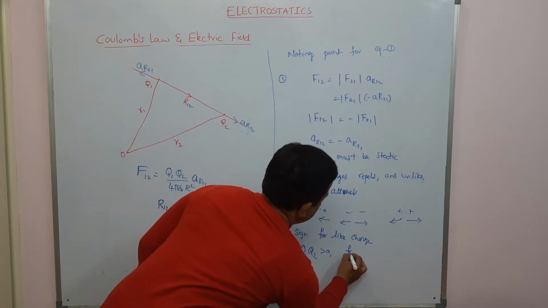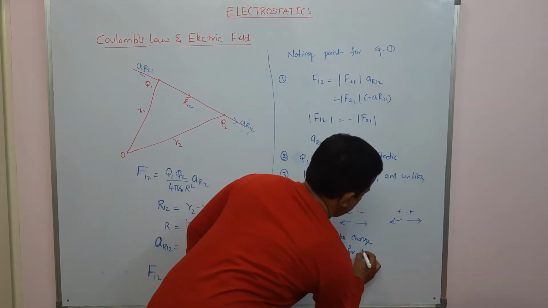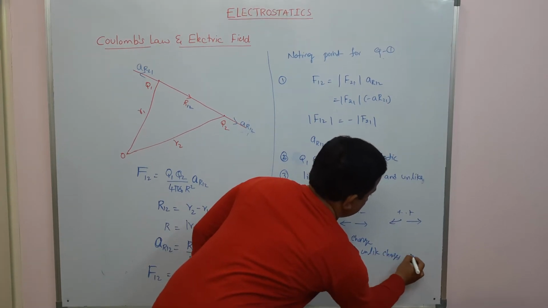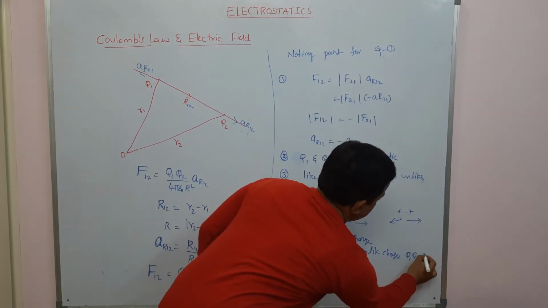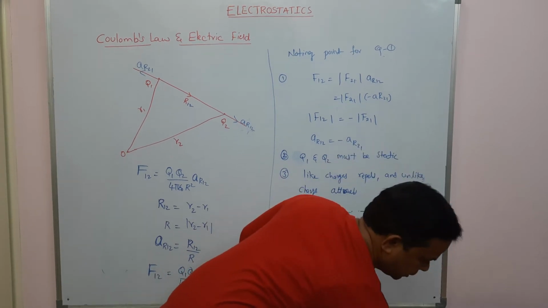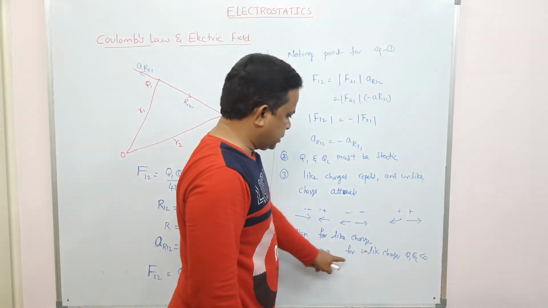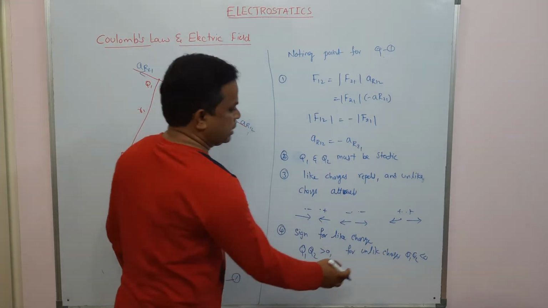For unlike charges, q1 q2 must be less than 0.